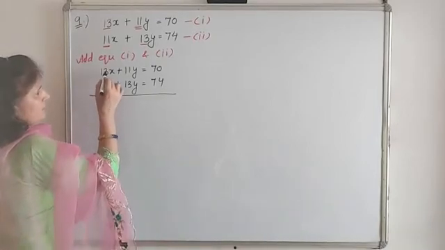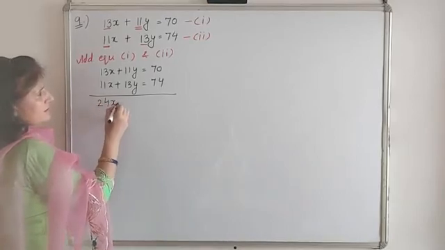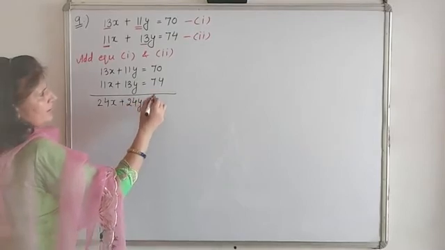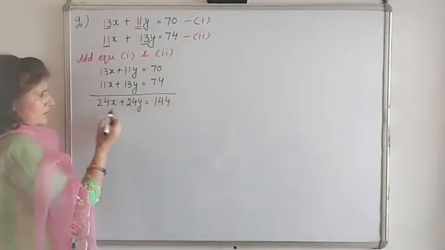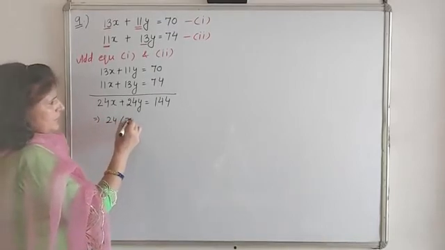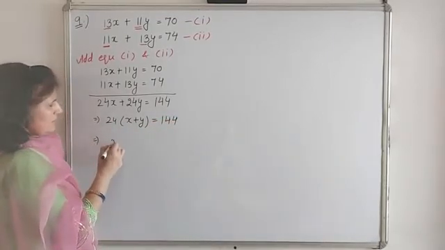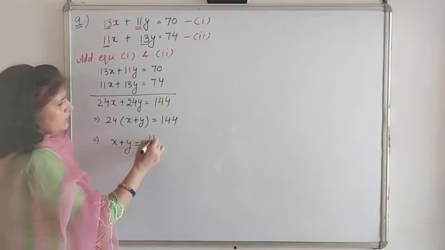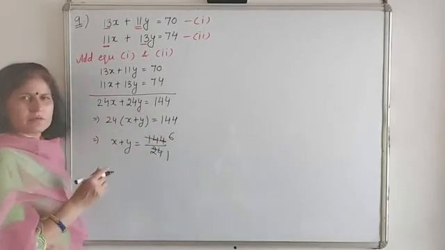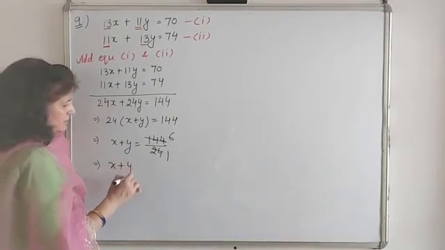What we will do now here? Add them. 3, 1, 4, 1, 1, 2 and here x. Here 3, 1, 4, 1, 1, 2 y. Here 144. Now what is common here? 24. x plus y is 144. So what will be x plus y? 144 upon 24. 6. Need to learn tables, okay? x plus y is 6.